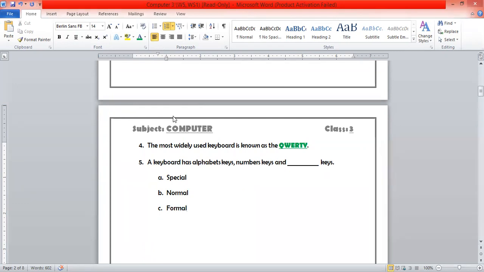So Ahmed Mohammed, Jihad, Ahmed Jibril, Hamza, Iyad Khalid, Ammar Khalid. These students sent the correct answer. It's very easy, because there are only 3 types of keys. The one is alphabet, the second is number keys, the third one is very easy. So let's see who else can pick this up. Jihad Mohammed.